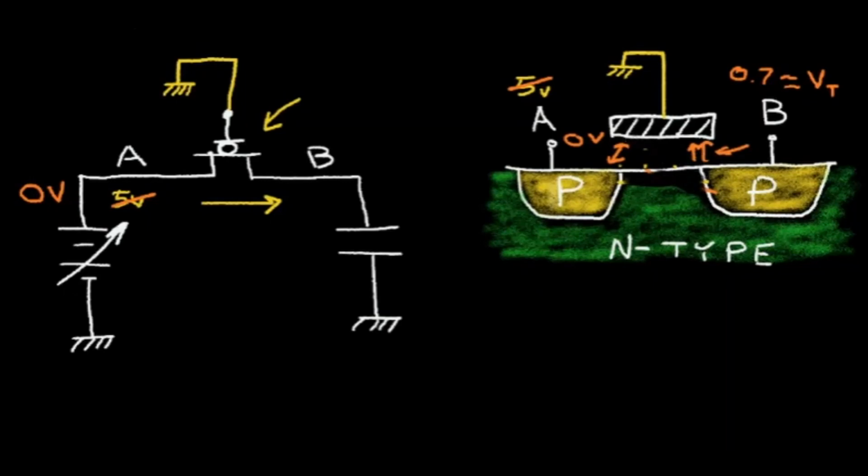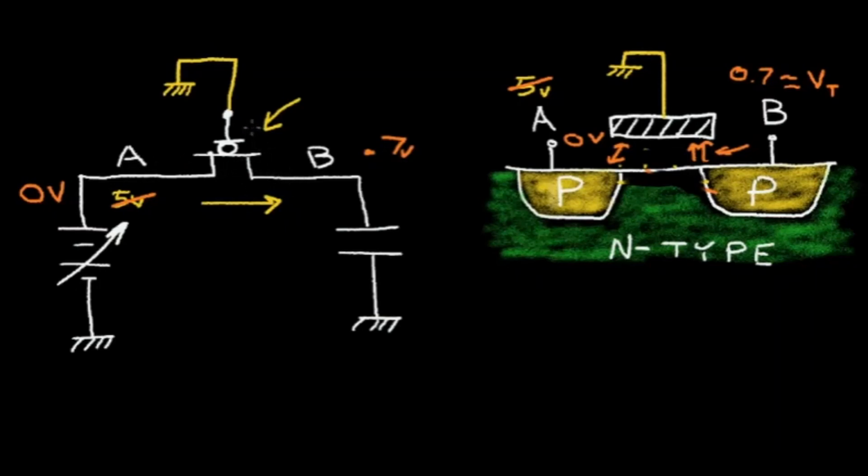So what happens is I'm trying to transfer 0 volts over to point B, but I can only transfer 0.7 volts. If the voltage gets lower than 0.7 volts, this PMOS transistor goes into the off condition and the conduction from point A to point B stops.